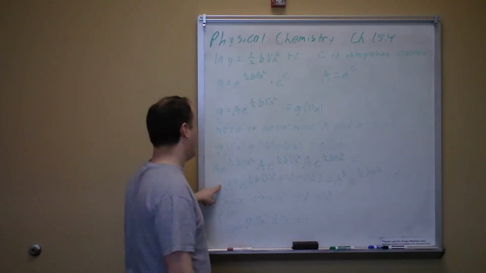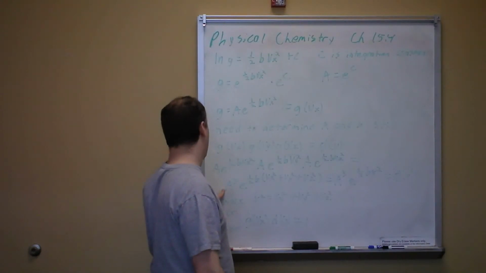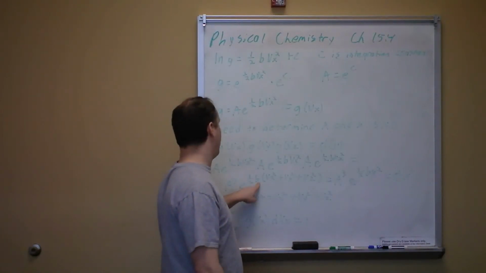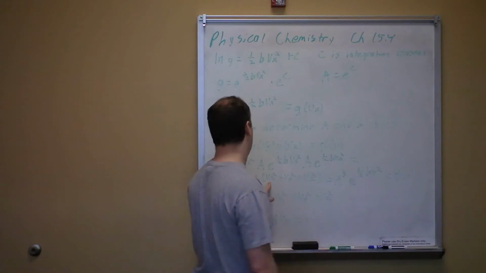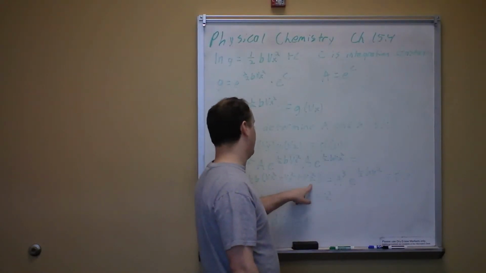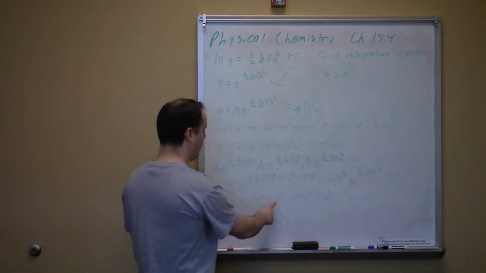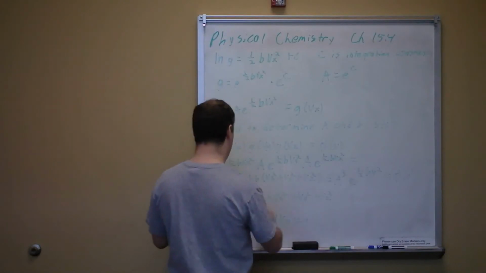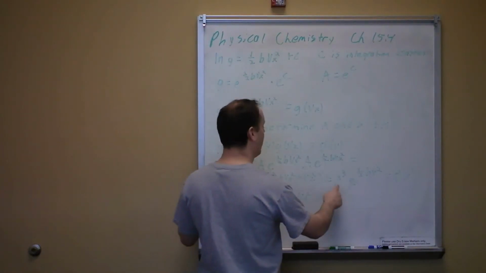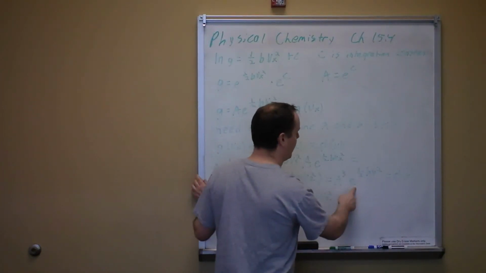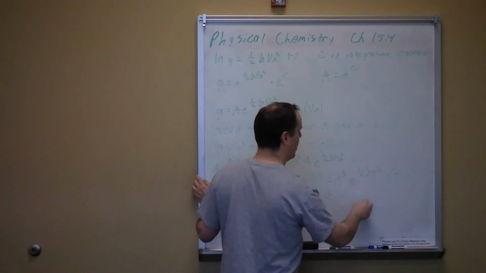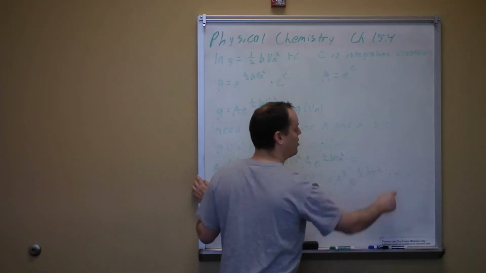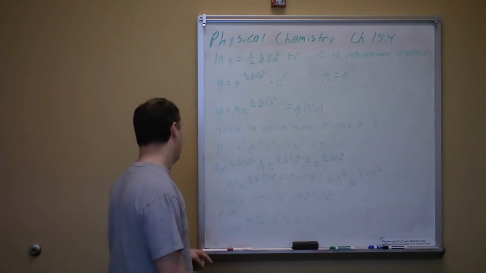And then we can simplify that. A cubed times e to the 1/2 b, combining all those, we get vx squared plus vy squared plus vz squared. Remember, vx squared plus vy squared plus vz squared is equal to v squared. Therefore, all that is just equal to A cubed times e to the 1/2 b v squared. And that is our function phi of speed.